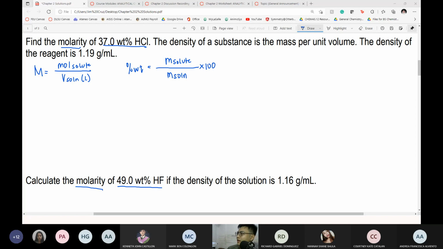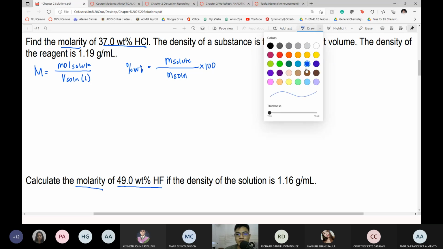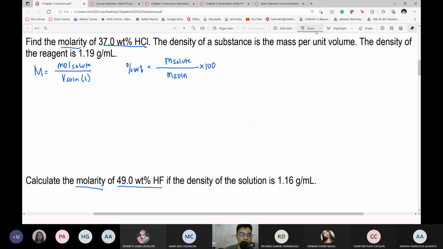Percent by weight is the mass of solute divided by the mass of solution. And can you see the resemblance sa ating equation? May napapansin ba kayong same? Paano natin nasabi na may same sa kanilang dalawa?